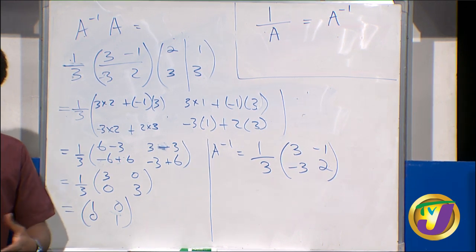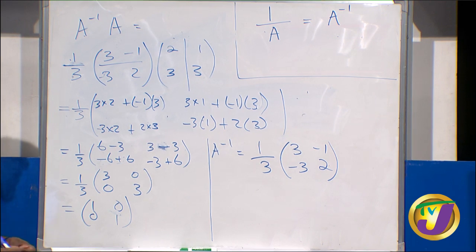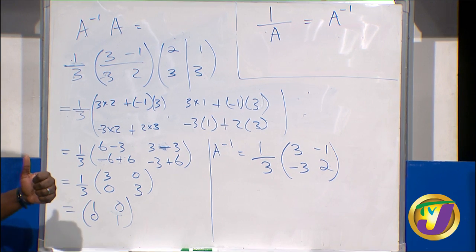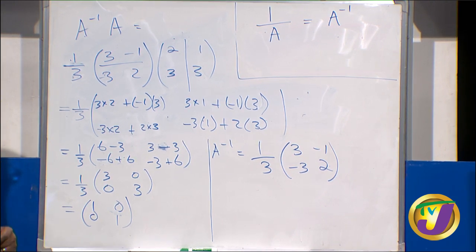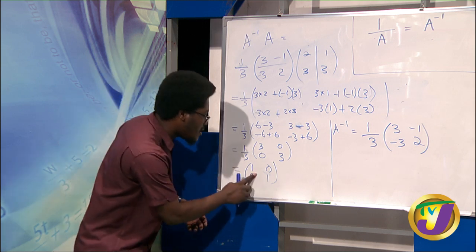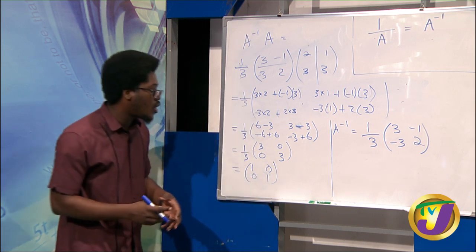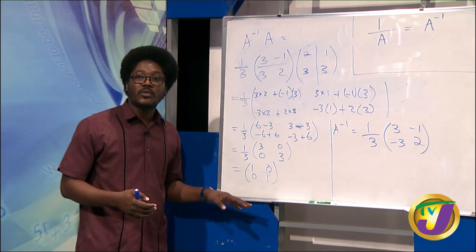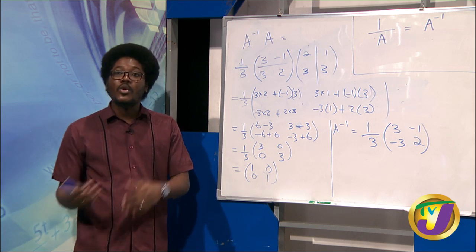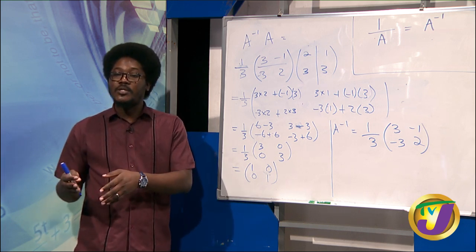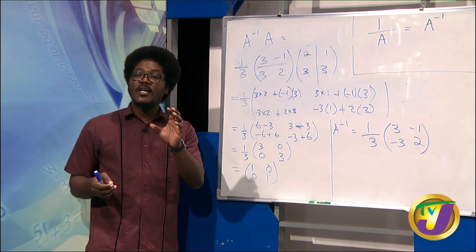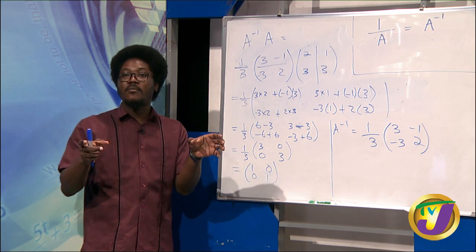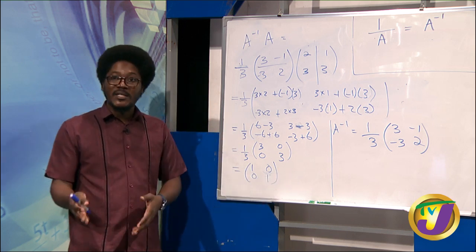And remember, our identity matrix, when multiplied by any other compatible matrix, will return the matrix that we multiply it by. Now, you might ask, what do I mean by any other compatible matrix? Now, given that it is a 2 by 2 matrix, we will have to multiply this 2 by 2 matrix by a 2 by 1 matrix or a 2 by 2 matrix, because remember, the number of columns in the first matrix must be equal to the number of rows in the second matrix for the matrix to be compatible.